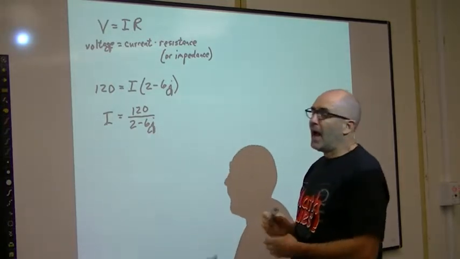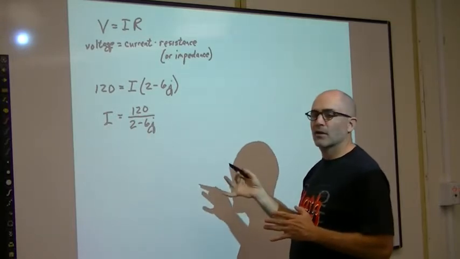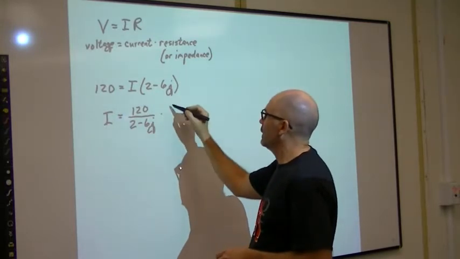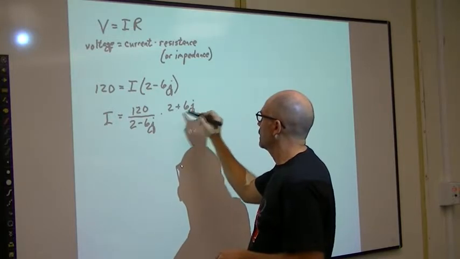If you want to end up with rectangular coordinates in the end, it's actually easier in this one to just multiply by the conjugate.